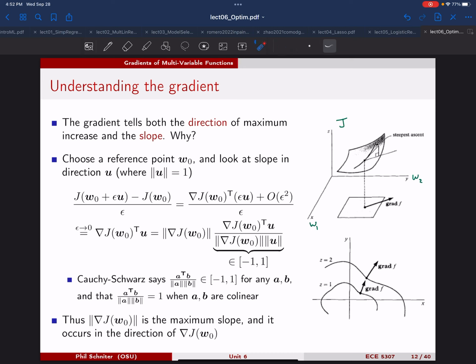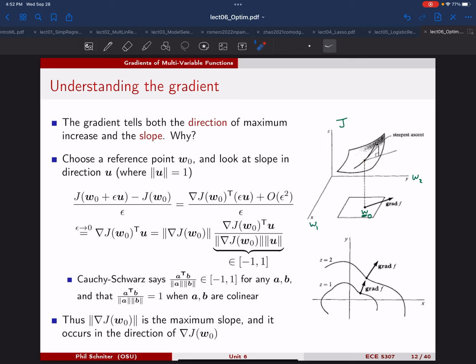The function we're dealing with, at least a little piece of it, is this curved thing here. And here's, let's say, the reference point. This would be my vector W underbar naught. So that's my reference point in this two-dimensional space. The value, the height of the function at that point, is the height of this line. So the length of that line is the height of the function.